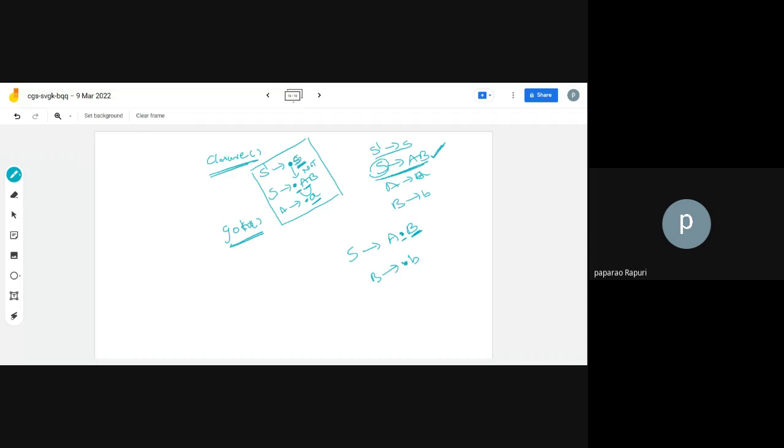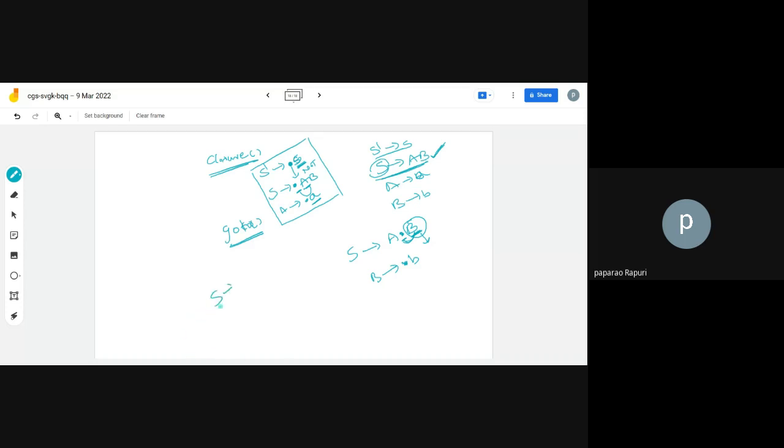Augmented grammar is very easy. We are just adding one more new production. For finding the closure, we add the B productions if B is a non-terminal immediately after the dot symbol.